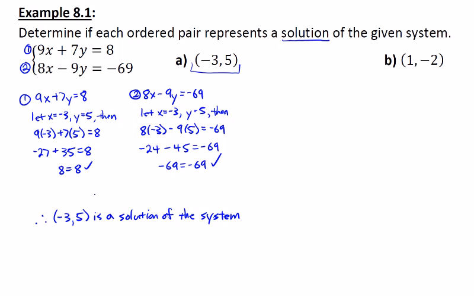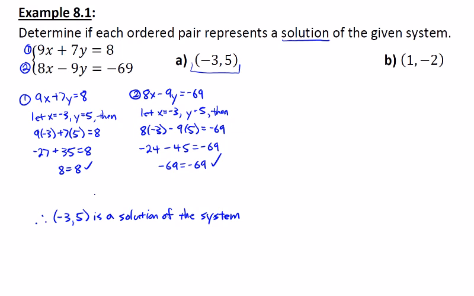Part B is going to want us to test out a second ordered pair. Now, we had talked earlier in definition 8.1 about the possibility of there being multiple solutions. So when we are asked to solve something, that means we're supposed to find all of the solutions. Could be 1, could be none, could be 2, 3, 4, we don't know.